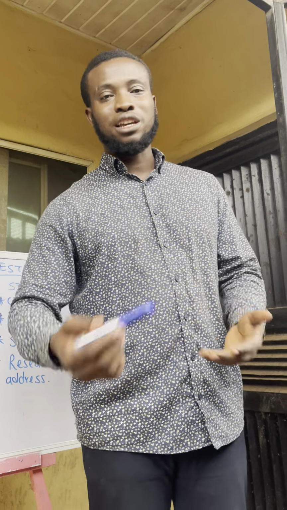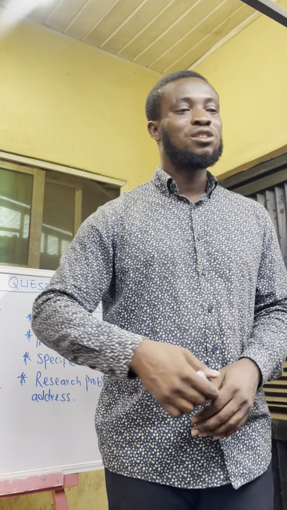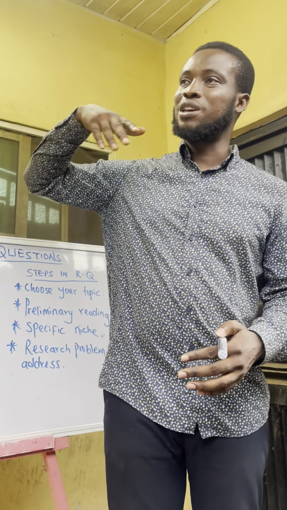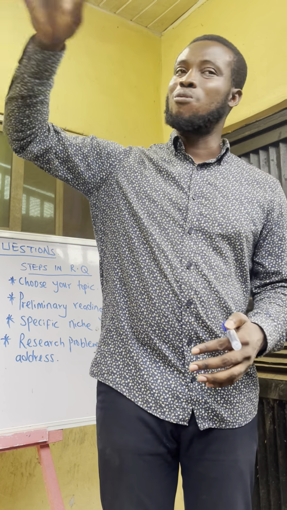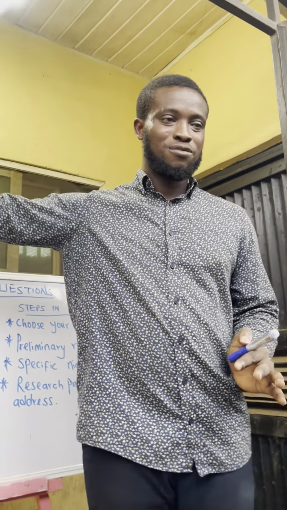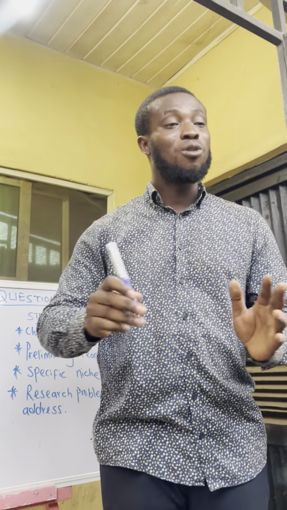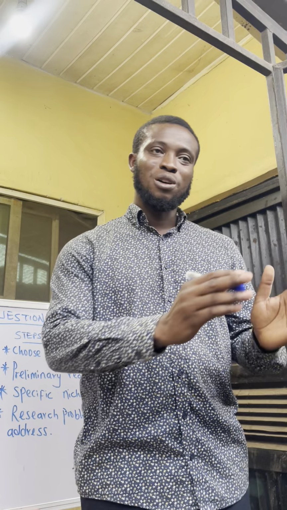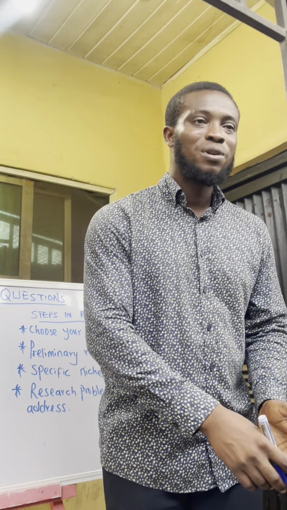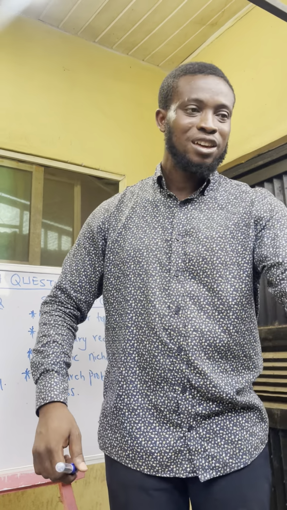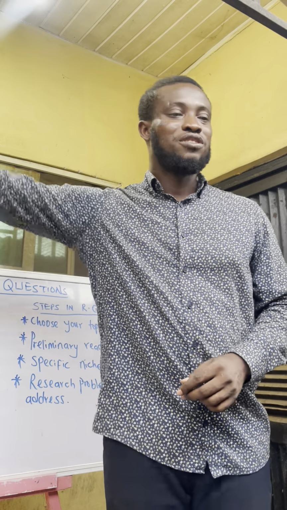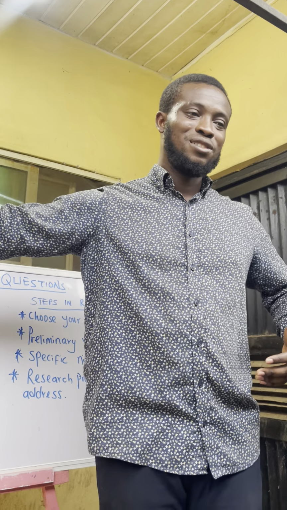Or you are working on knowledge of waste management, but your research question is totally different from what it ought to be. Or you are working on waste recycling, but your topic talks about achievement scores in biology. Those are variants. It's not possible.